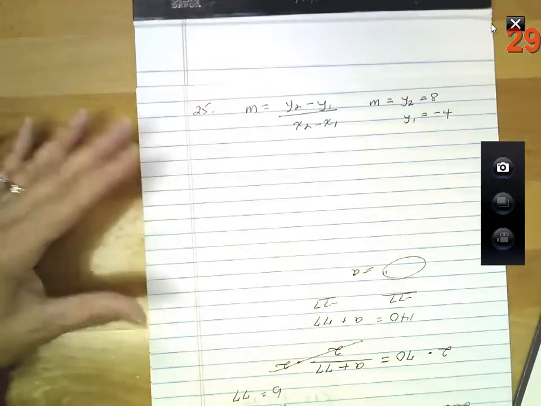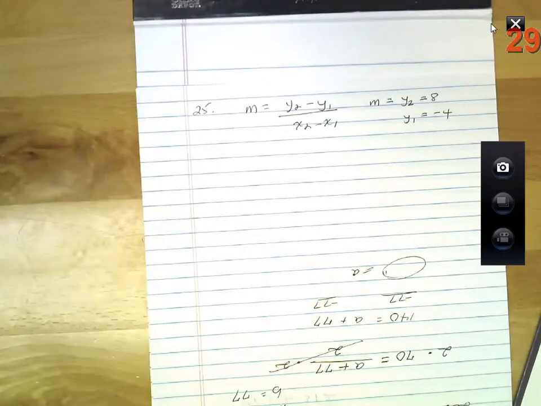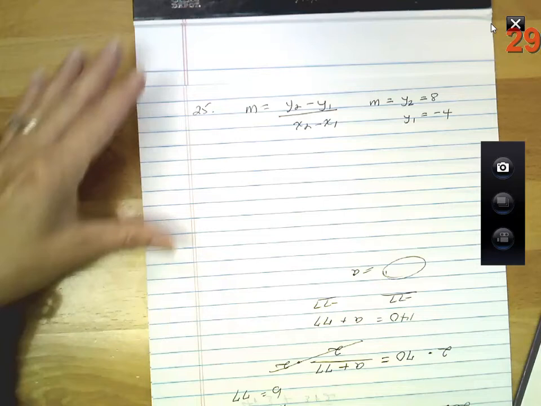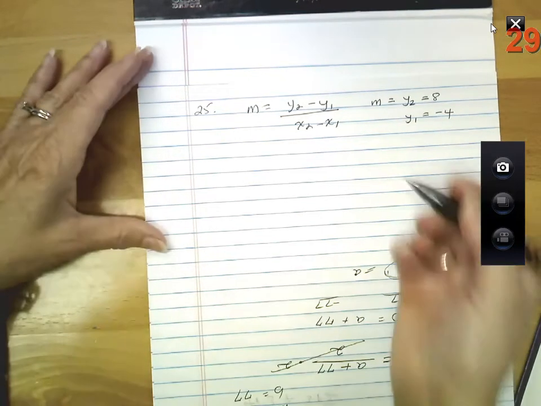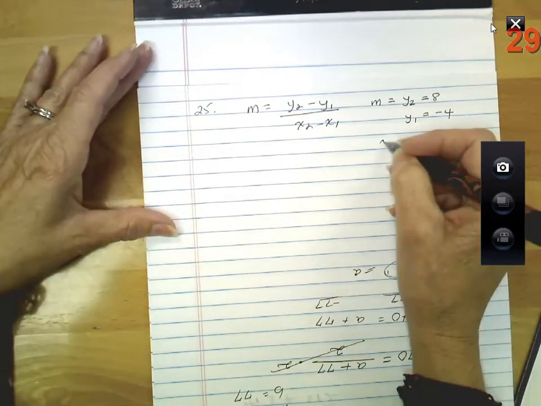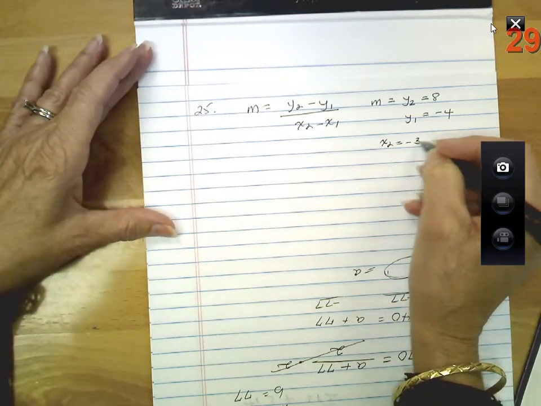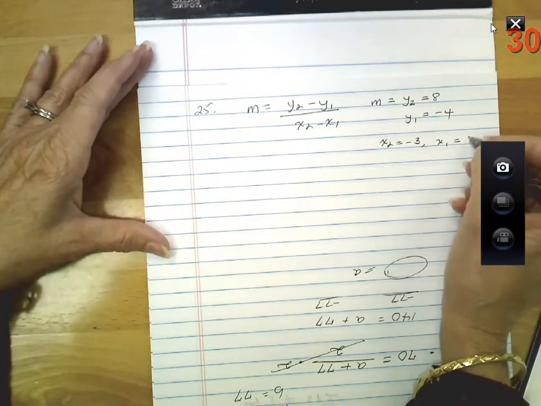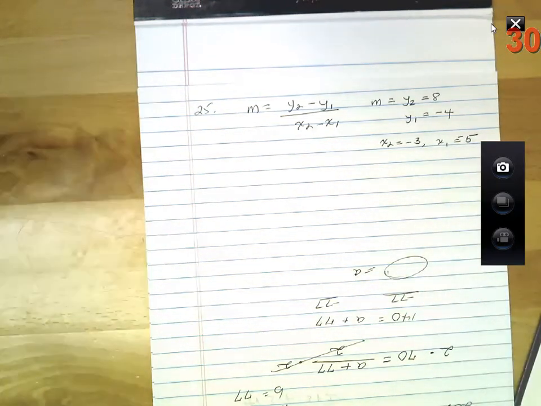You don't have any idea what you're talking about there, but you're really talking about slope of a line. And x sub 2 is negative 3 and x sub 1 is negative 5. You put those in and see what you get for the answer, number 25.